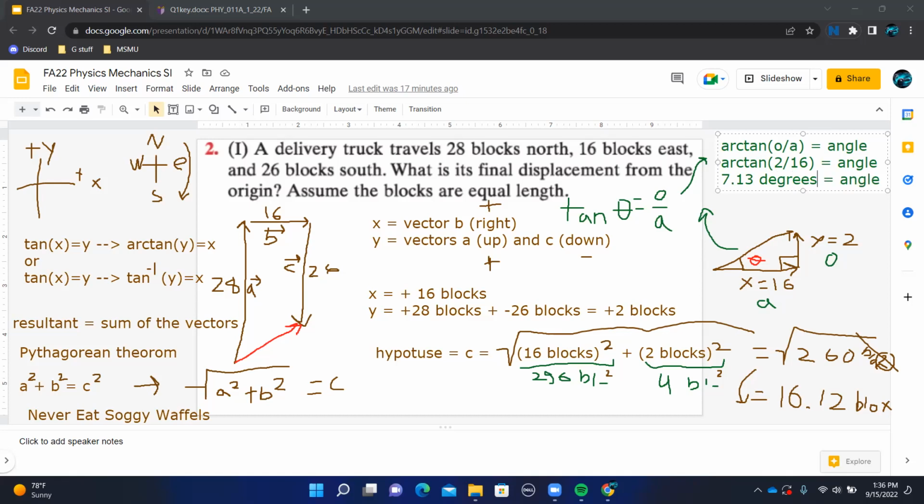Let me make sure that my calculator's in degrees, but I'm not sure. I believe it is. If it's not, then it'll just look a little different, but this value makes sense. Because it's relatively small and it is in the positive direction, which both of these are positive, so you're expecting that.